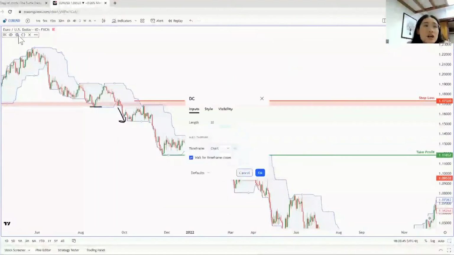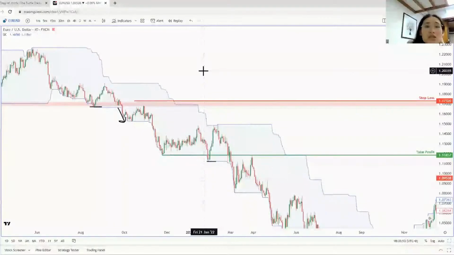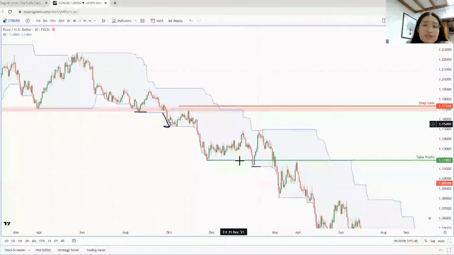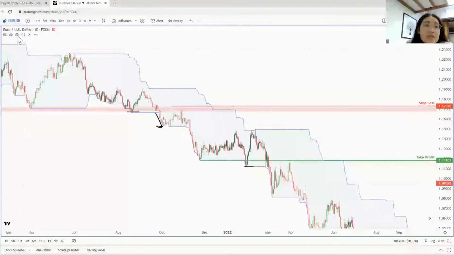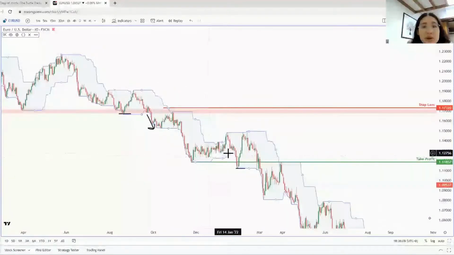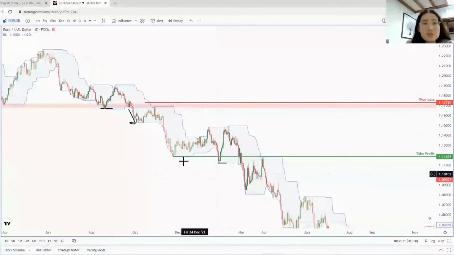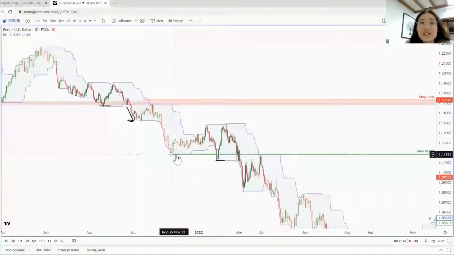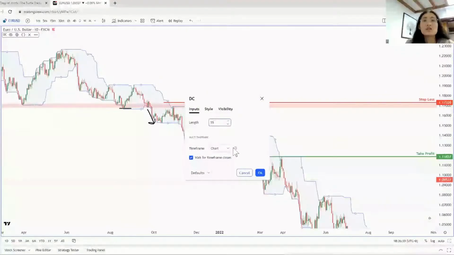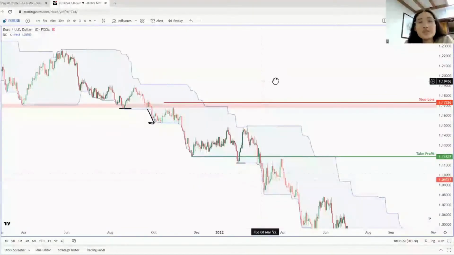So now let's also change this to 55. So this is why we say that using the 55 would be better, because previously on the 20, okay, let's change it back, you can see on the 20, it's following price very closely. So it's a little bit difficult to see if price made any lows. Whereas when we have our 55, you can see really clearly.